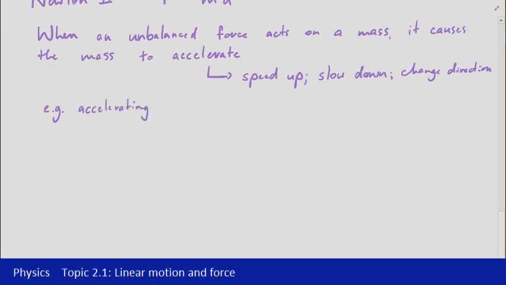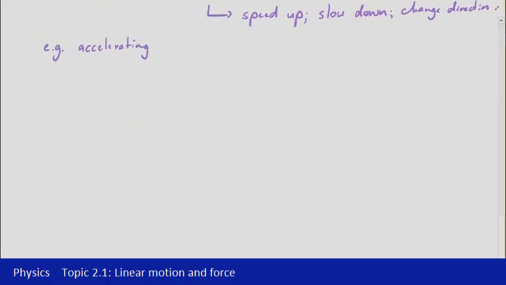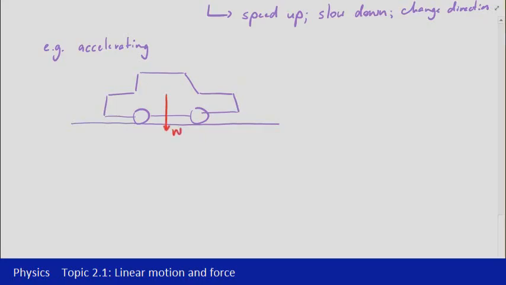Now, if we look at those examples, just want to draw your attention to how these forces will look. If we look at this example again of a car driving along, in this case we're going to have the car accelerating. So that means that all the forces that we're going to consider, we will again have the weight force down being balanced by the force of the road pushing back up.